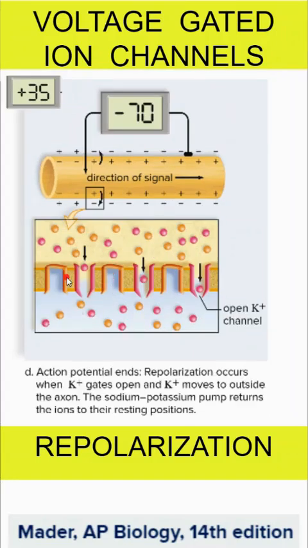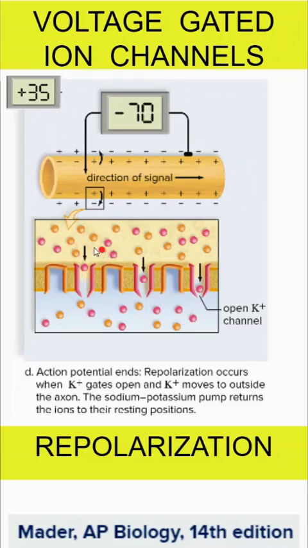So we're starting to send this message, but to send the next impulse, we need to repolarize the internal membrane. To repolarize and bring it back to -70, we have to get rid of some positive ions. This +35 voltage is going to close the sodium channels and open the potassium channels.